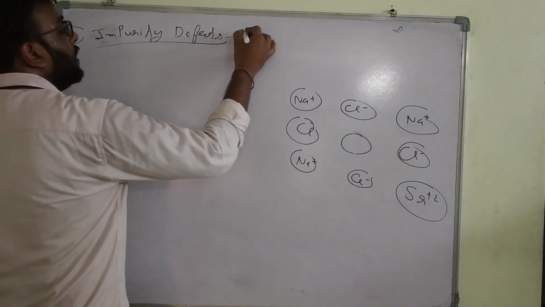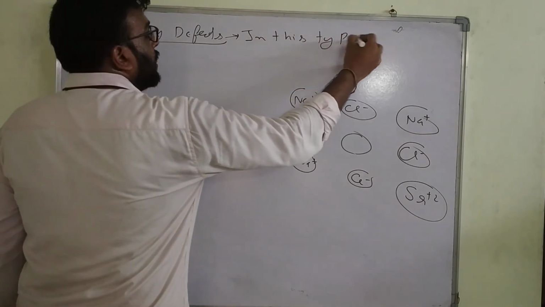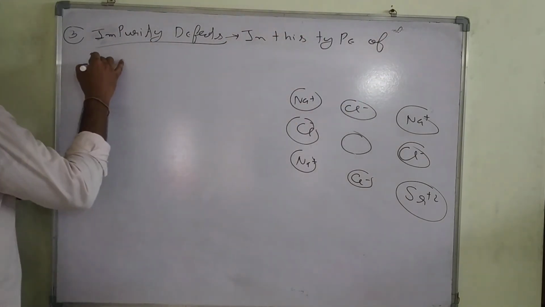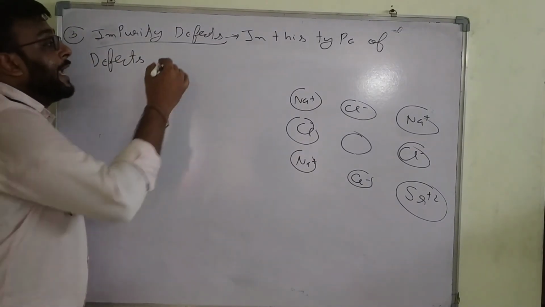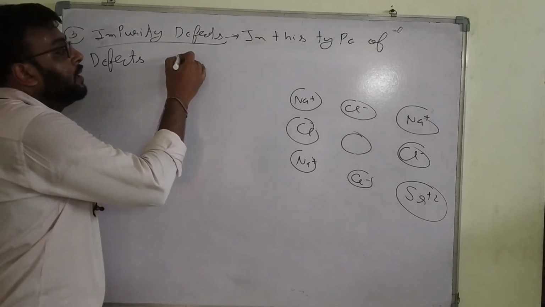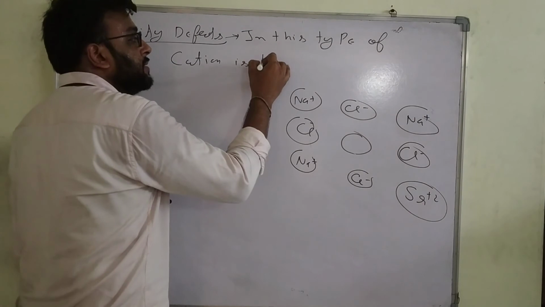So what happens in the impurity defect? In this type of defect, cations are less available.